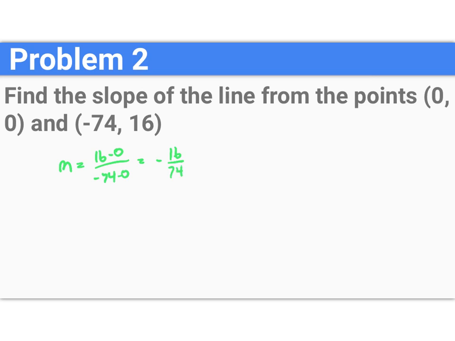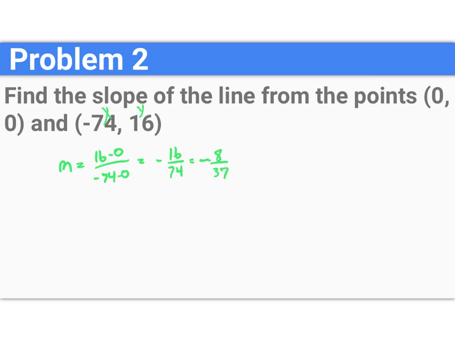So when you go through the point 0, 0, ignore the whole formula and just divide the y by the x to find the slope at that point. It's the same thing. So when you're dealing with slope, most of the time you're going to want to leave this in fractional form. So when we divide by 2, and we always simplify our fractions, this is fine. I would not change this into a decimal. I would leave it like this.